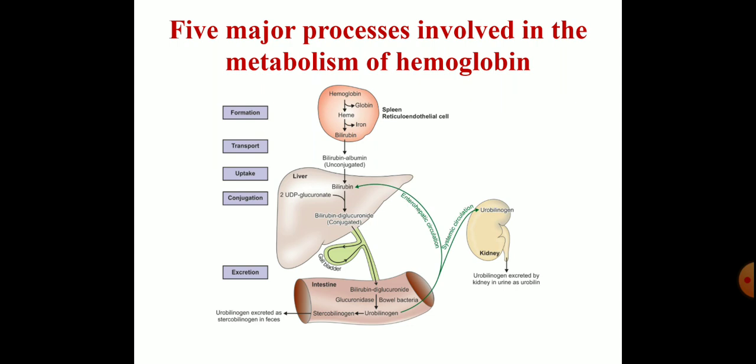Once conjugated, it is excreted through bile into the intestine, where it is converted to urobilinogen, and then it is excreted in the feces as well as in the urine in the form of stercobilin and urobilin.